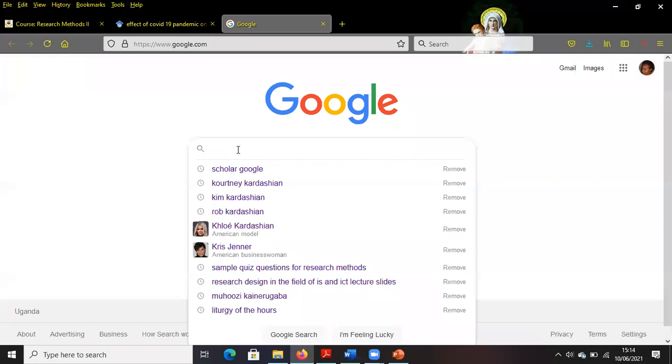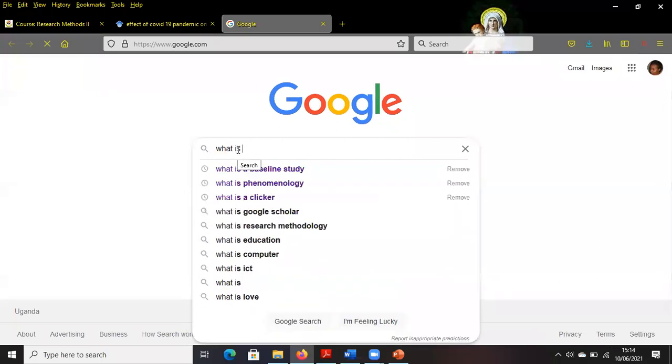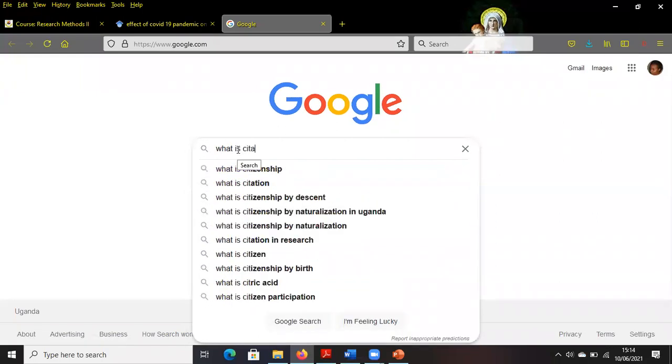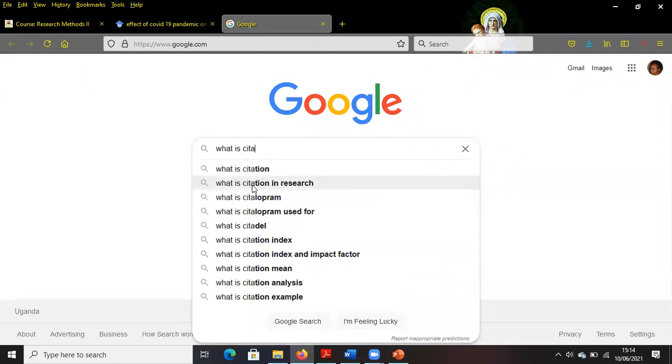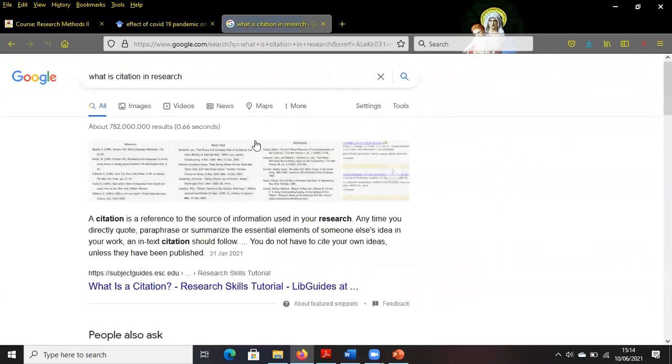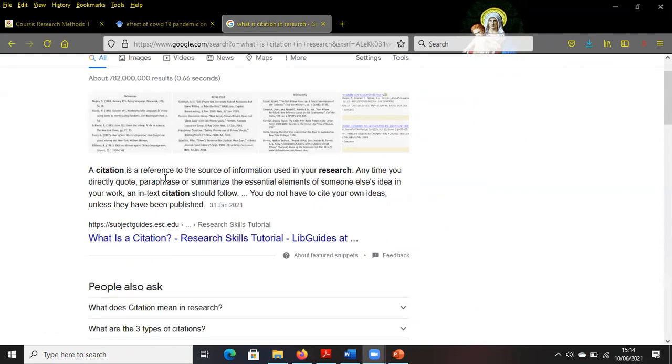Just type in what is citation in research. And here we have some result. Citation is a reference to the source of information used in your research. Anytime you directly quote, paraphrase, or summarize the essential elements of someone else's idea in a text, you cite.